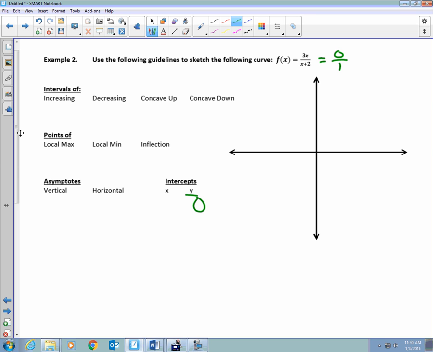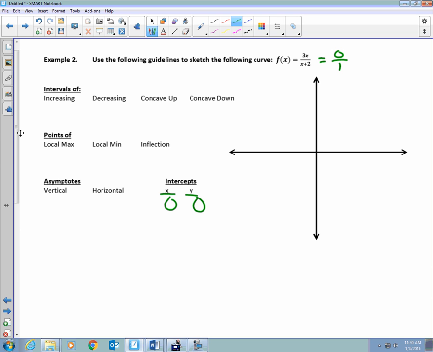And notice that when you cross multiply, the denominator goes away, right? So think about this. If the numerator is equal to 0, then the entire function is equal to 0, correct? So where is the numerator equal to 0? Where is 3x equal to 0? Or x equals 0. So it looks like its intercept is right at the origin.